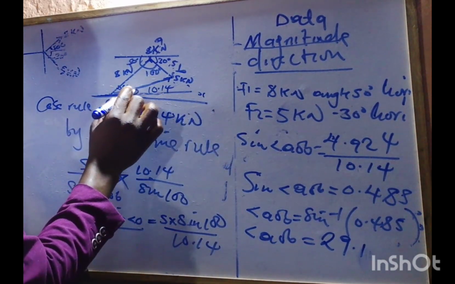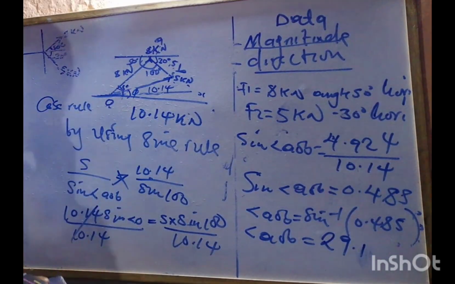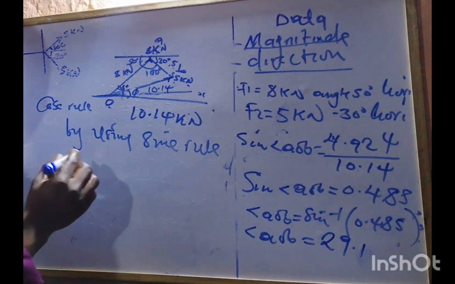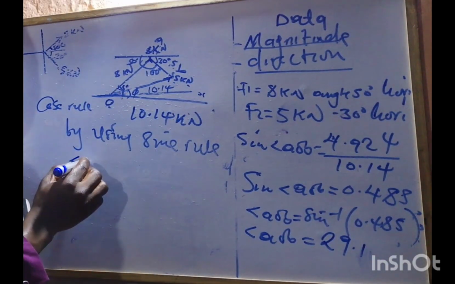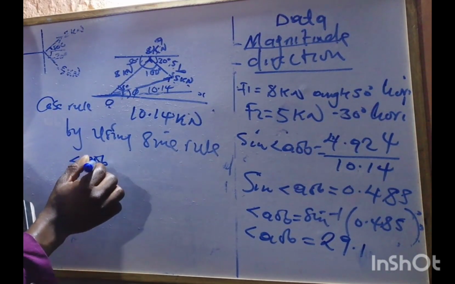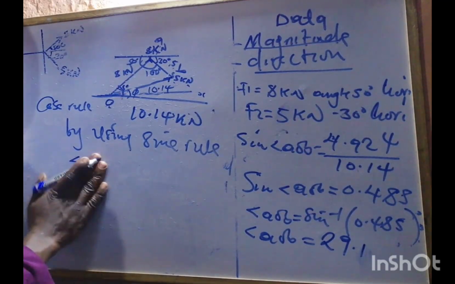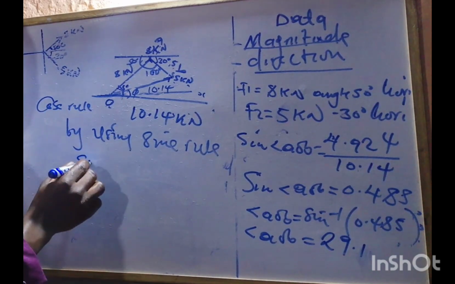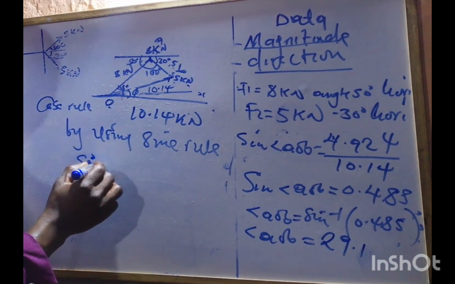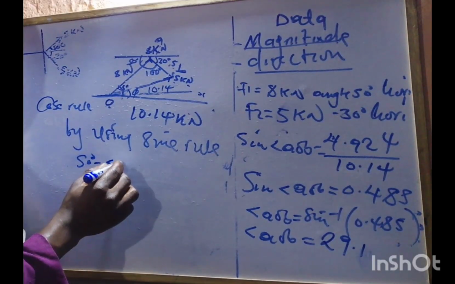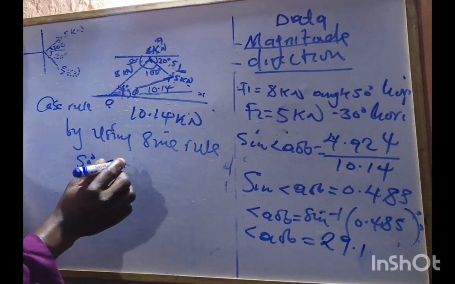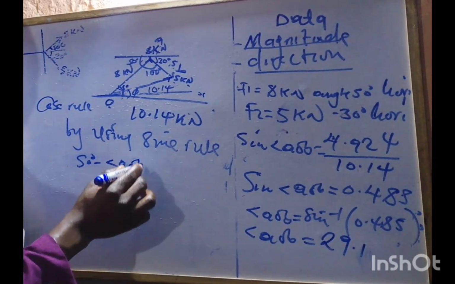So how do we find phi? It is the angle 50 degrees, which we have, minus angle AOB.